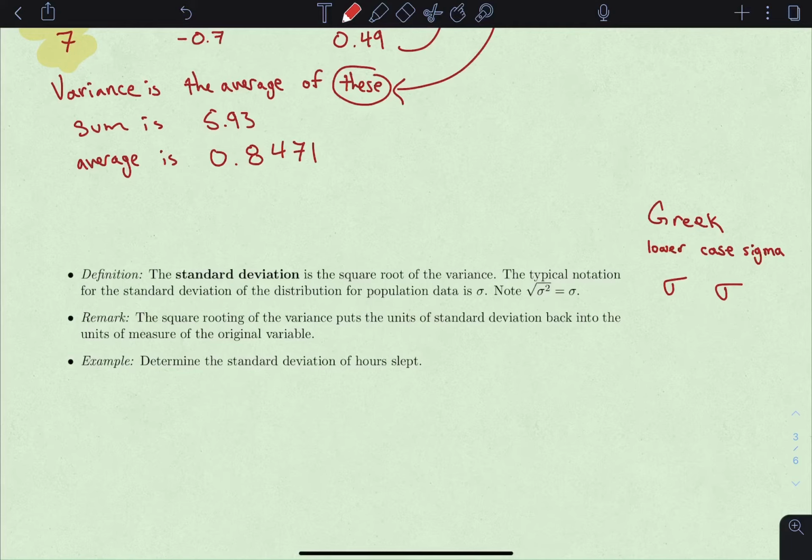And then we'll just make a remark here that the reason why we square root the variance is to get the number back into units of the original variable. So if you go back up to 0.8471, this is in hours squared. And that doesn't really make much sense as a time unit.